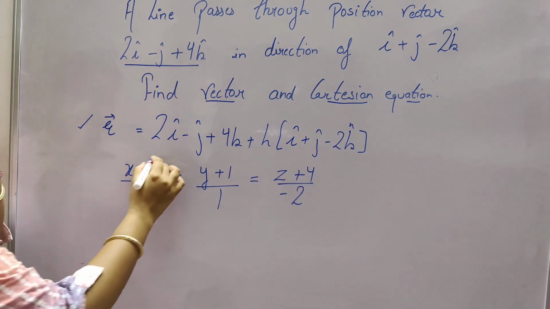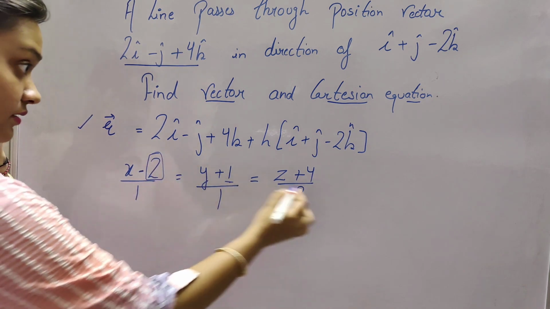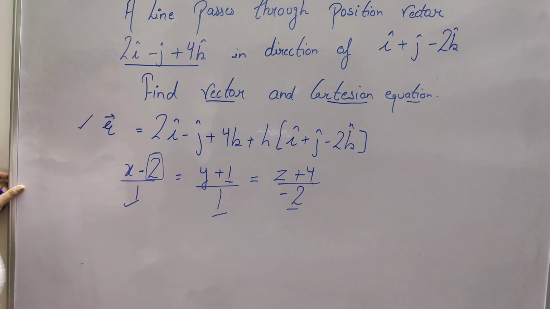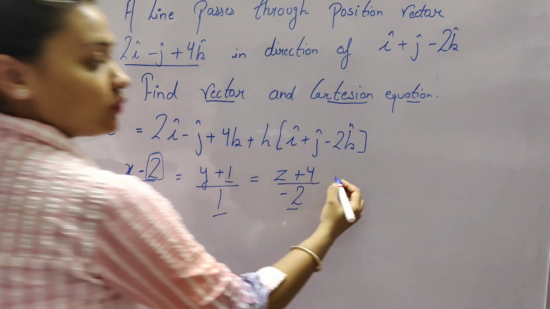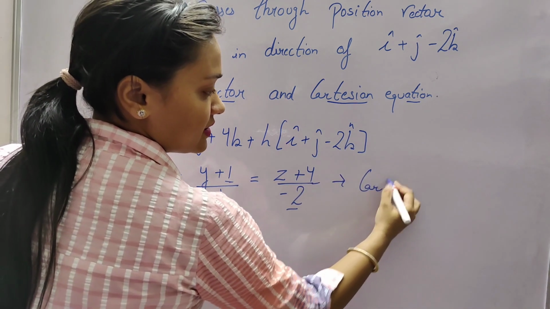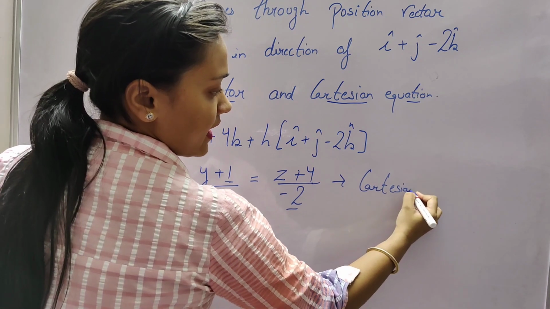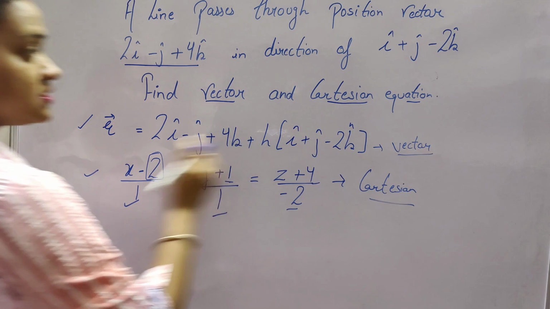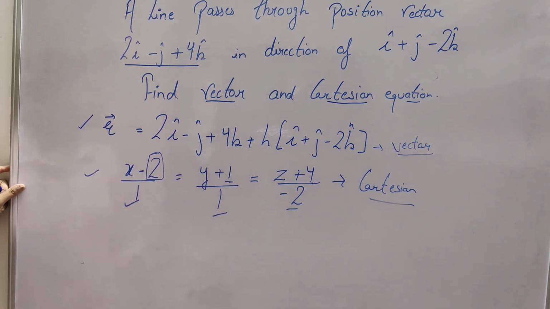What you have done, you have just written the position vectors in the numerator and the direction vectors in the denominator. This is how you are going to form a Cartesian equation, and above is the vector equation. This is how this question is going to be solved.